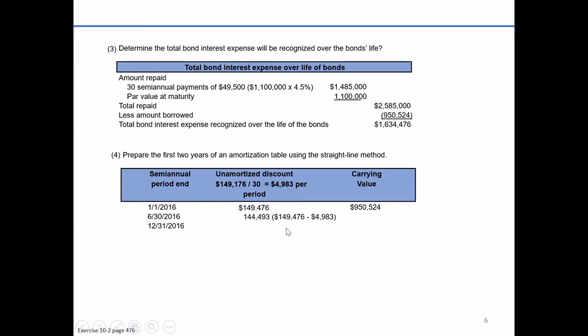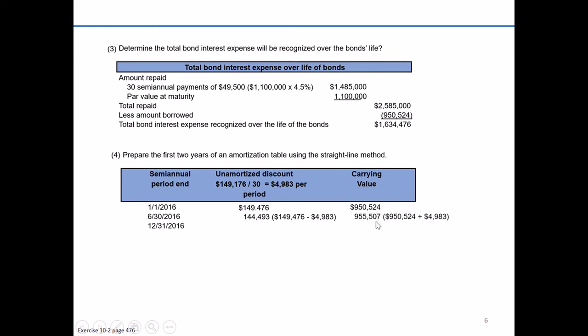So let's start to do that. 6 months in, at our first interest payment of June 30th, 2016, our unamortized discount is going to decrease to $144,493. That's our initial discount of $149,476 minus the amount of discount we're going to amortize of $4,983.